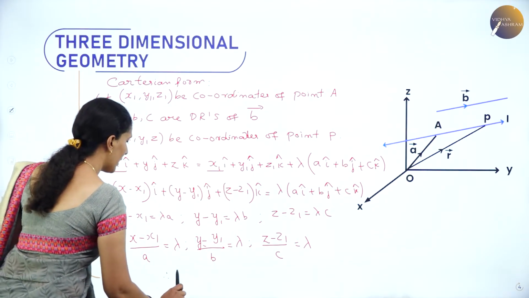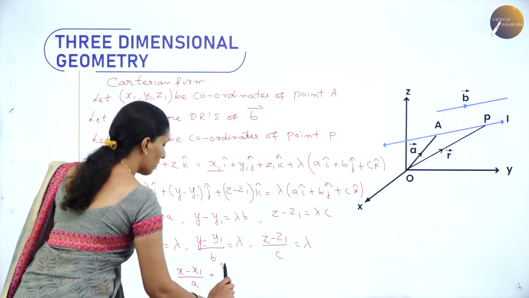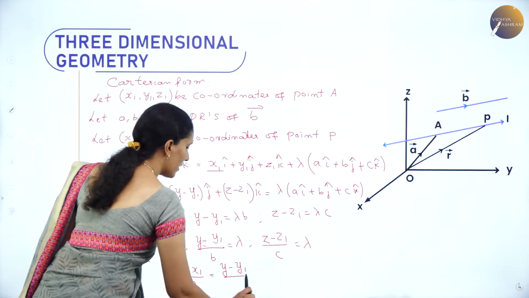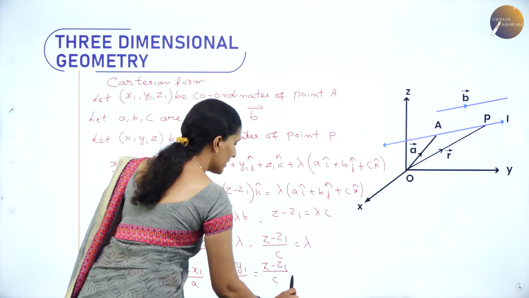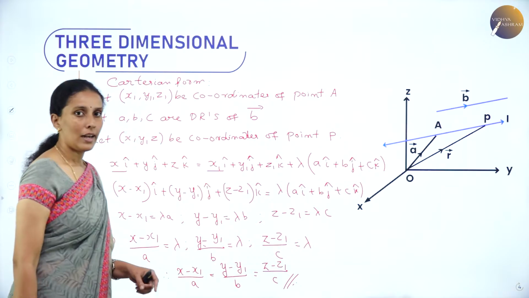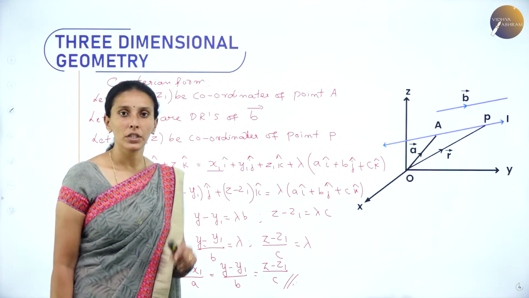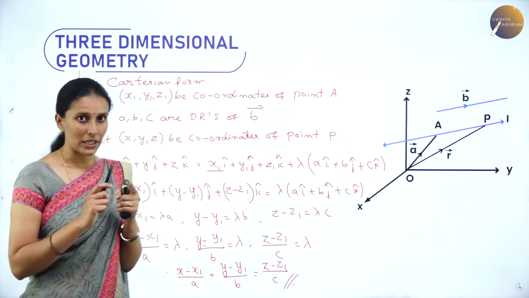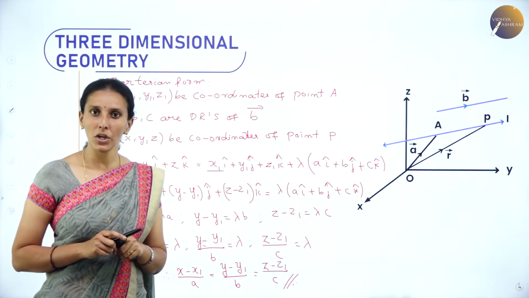So therefore, x minus x1 divided by a is equal to y minus y1 divided by b is equal to z minus z1 divided by c is equal to lambda. So they're all equal to lambda, and hence this gives you the Cartesian form of the equation of a line passing through a given point and parallel to the given vector.